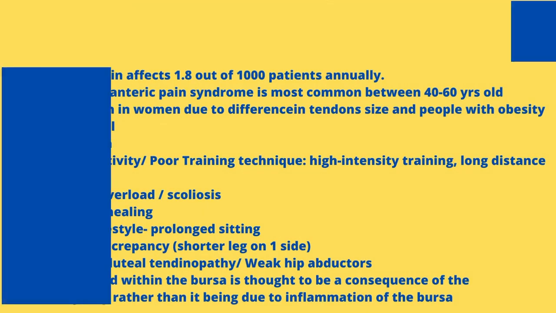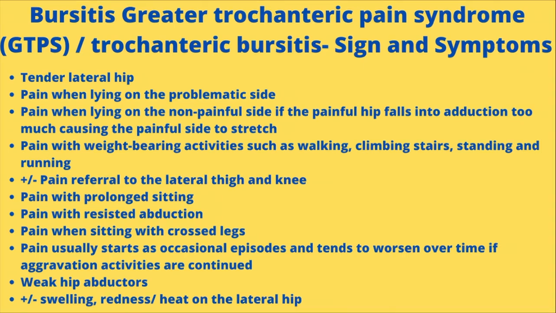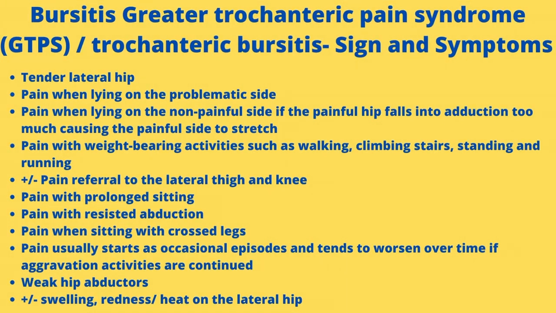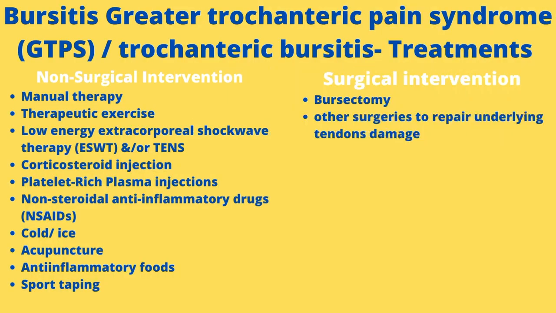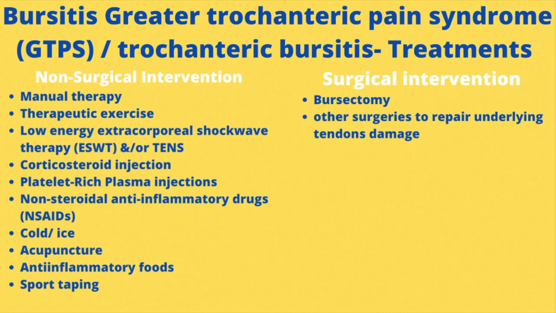Signs and symptoms are tenderness on the lateral side of the hip, pain when lying on it or away from it, pain during weight-bearing activities, pain with prolonged sitting, and there can also be swelling or redness or heat. Treatments again divide into non-surgical, which are the most common, and surgical, which are usually the least common.